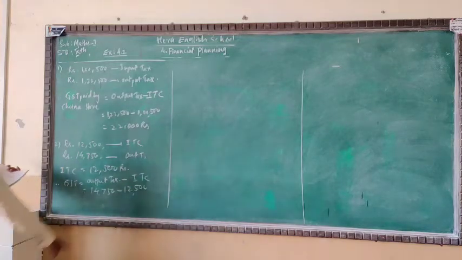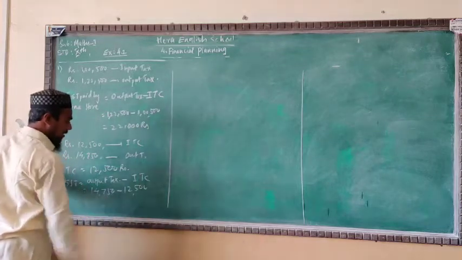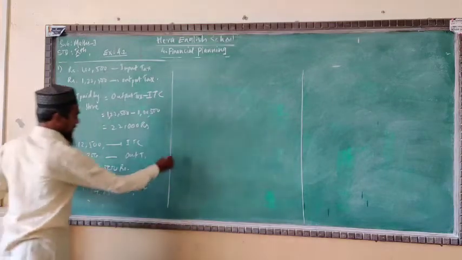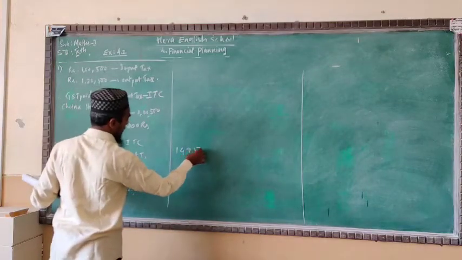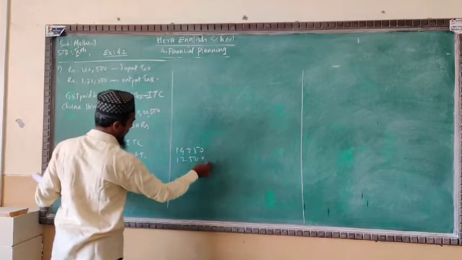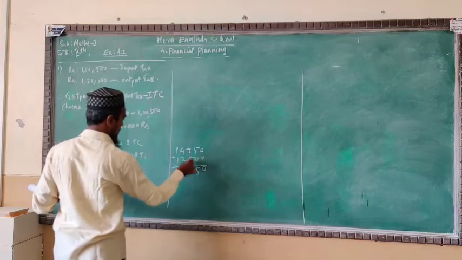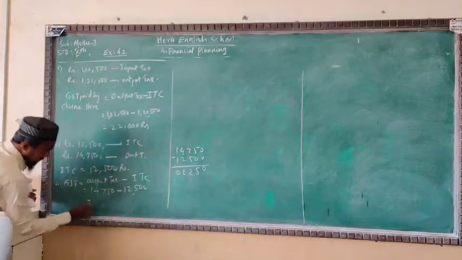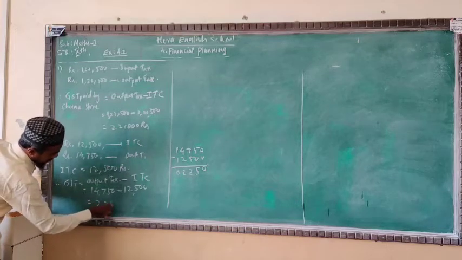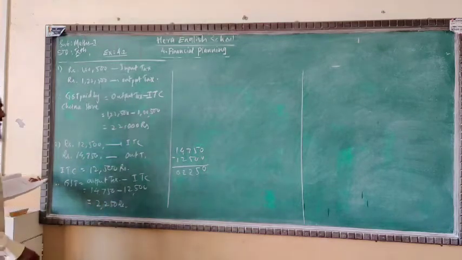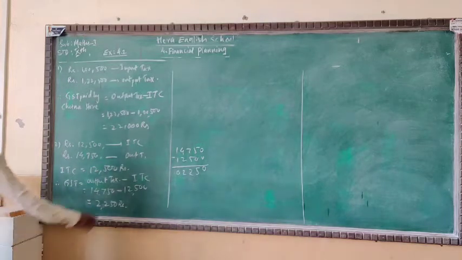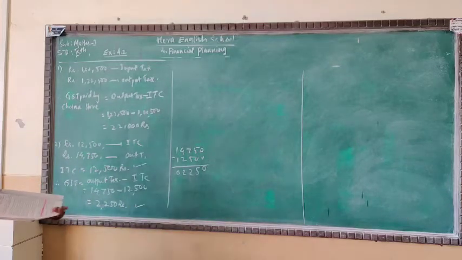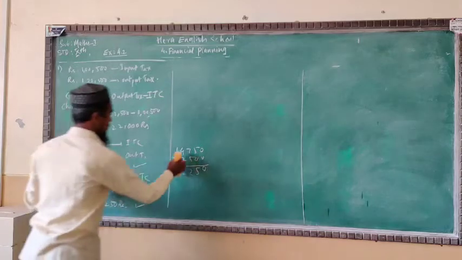So in subtracting, 0, 5, 7 minus 5 you will get 2, 4 minus 2 you will get 2. You will get here the amount of GST, 2,250 rupees. The ITC for this transaction will be 12,500 and GST will be 2,250. I think you got it, everyone. Now come to the next question.